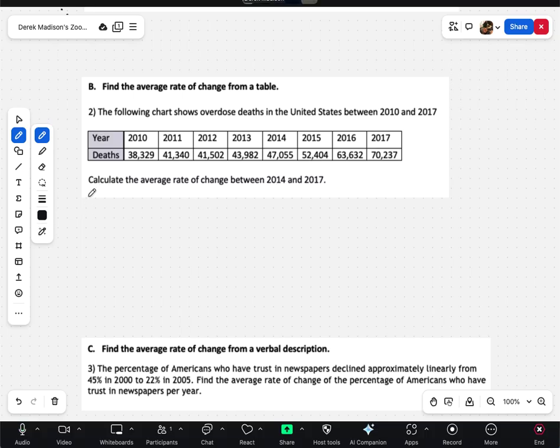So again, I think I will just write out those ordered pairs. Don't have to, but just for clarity for where these numbers are coming from. So 2014 is associated with that output. 2017 is right there.